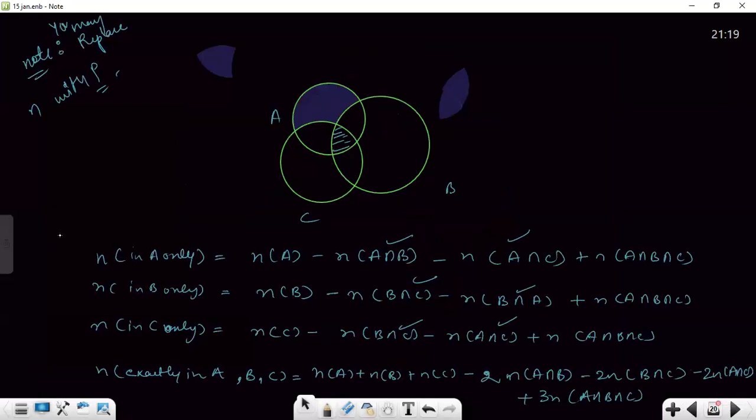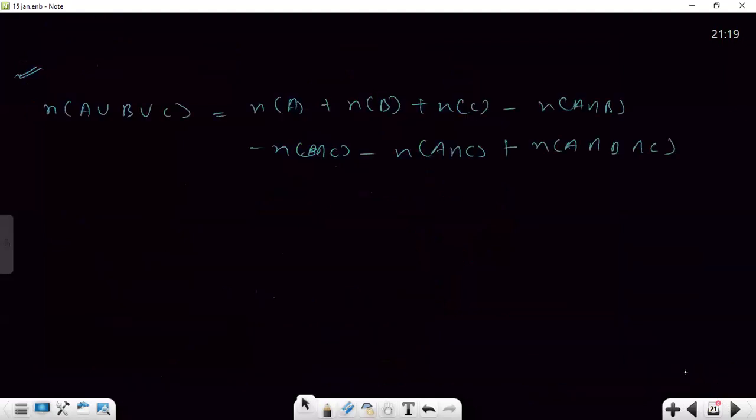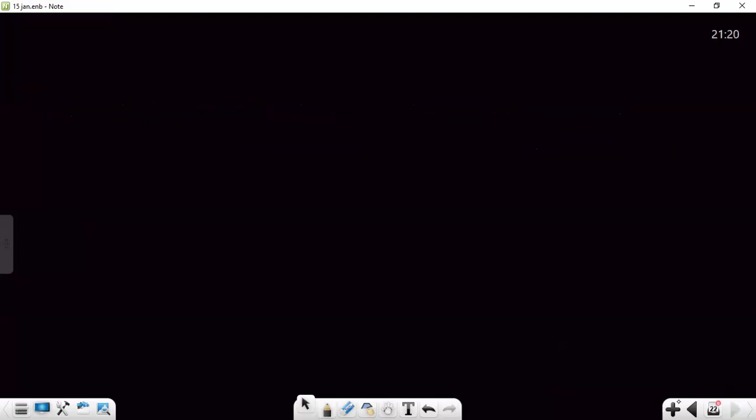So we discussed here about the number of elements in a single set, in a particular single set only. Okay, let's discuss the number of elements in two sets, two particular sets.